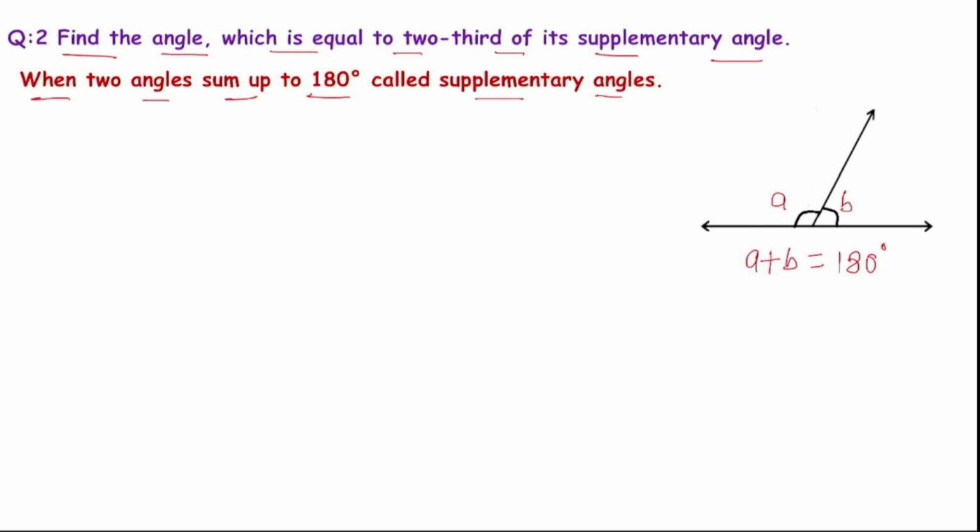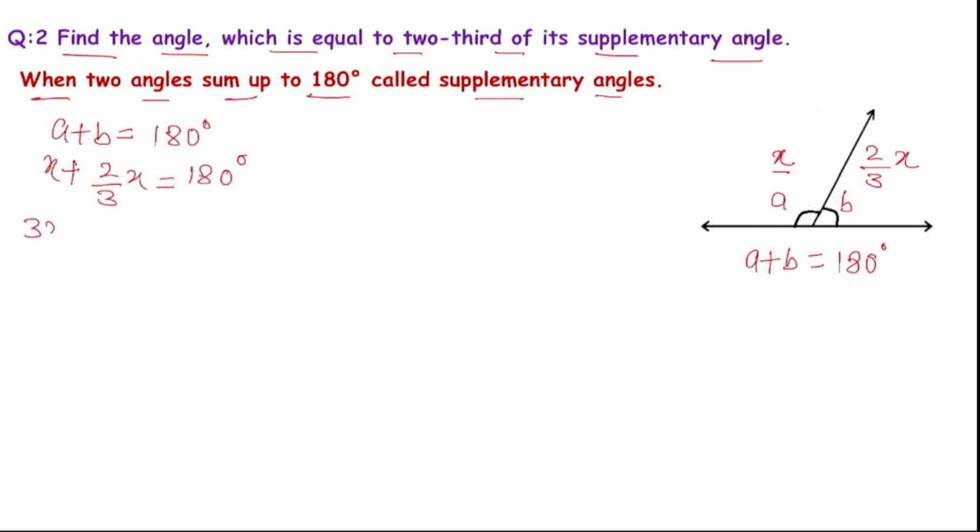In the problem it is given that if angle A is X, then angle B will be 2/3 of X. So A plus B will be 180 degrees. The value of A is X and B is 2/3 of X, which will be 180 degrees.